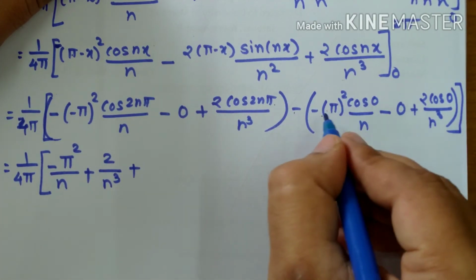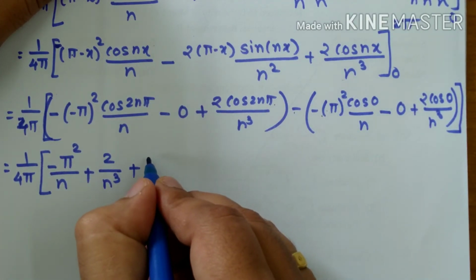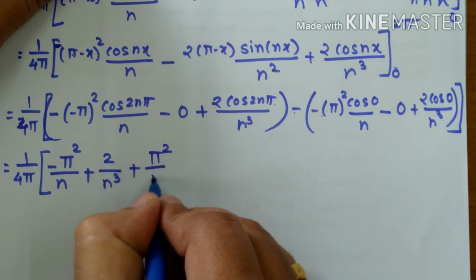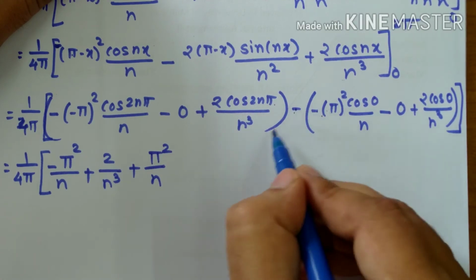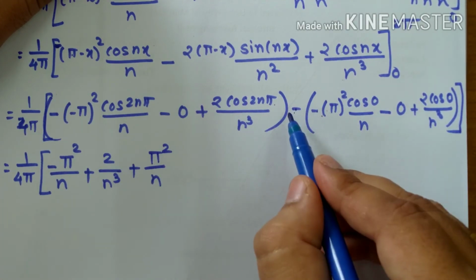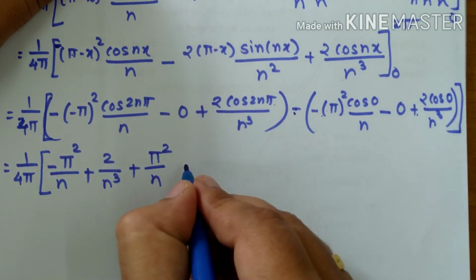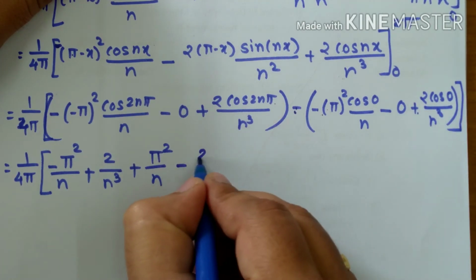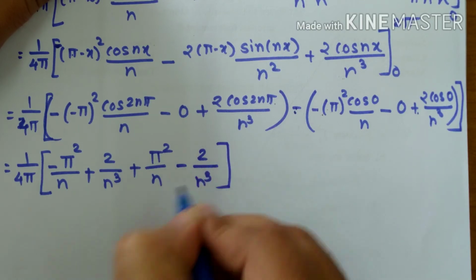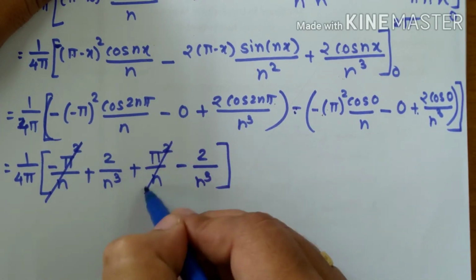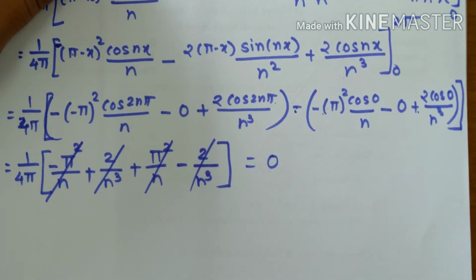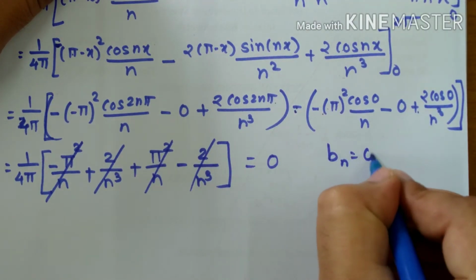Cos 0 is 1, hence we have pi square upon n in the denominator. Next, this minus and this plus becomes minus. Cos 0 is 1, so hence we have 2 upon n cube. See, this minus, this is plus, this is plus, this is minus, get cancelled. Hence my answer is 0. Therefore Bn is equal to 0.